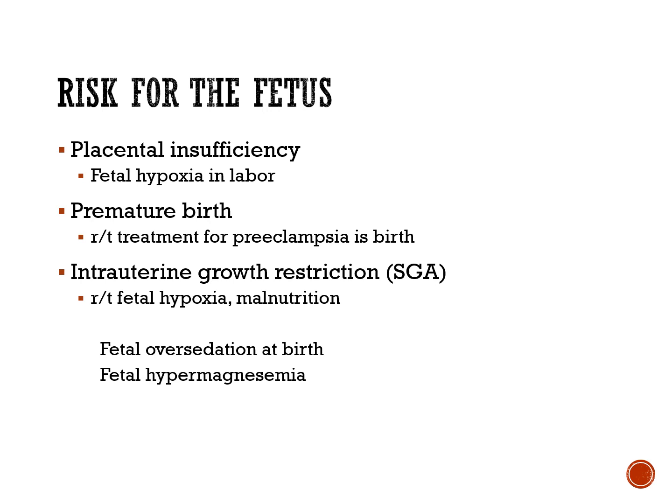So that woman who has that chronic hypertension or preeclampsia 20 weeks and on, that baby is not getting a sufficient amount of blood flow to that placenta. So you can have fetal oversedation at birth or fetal hypermagnesemia because of the mom being on that MAG.